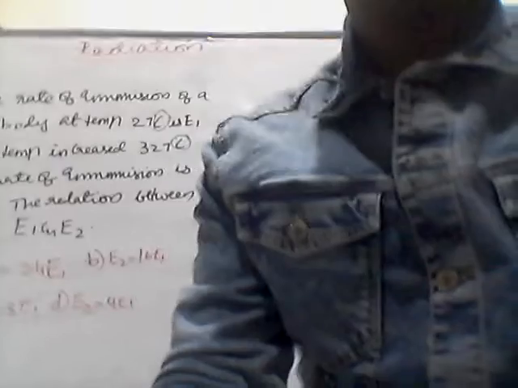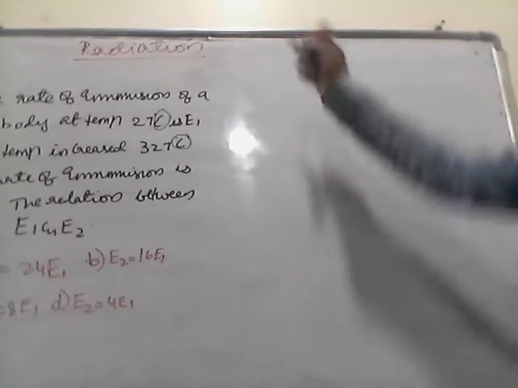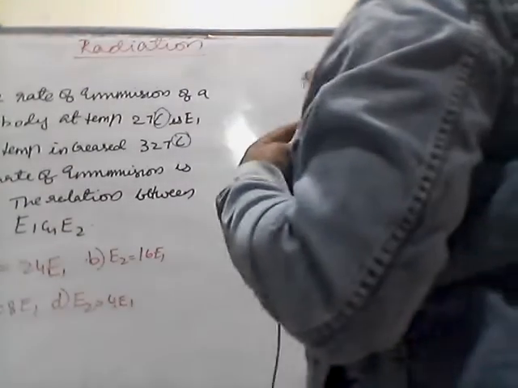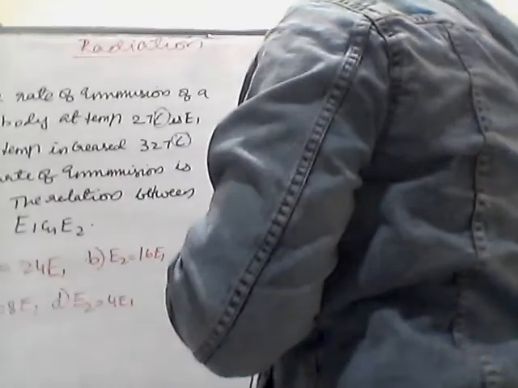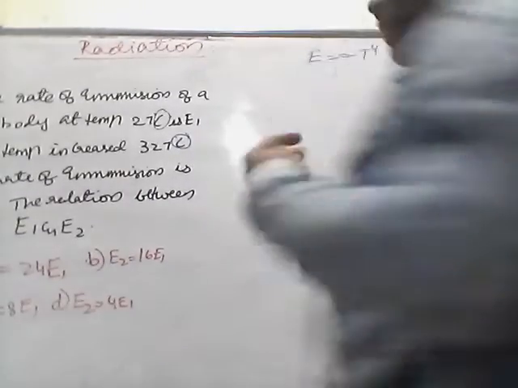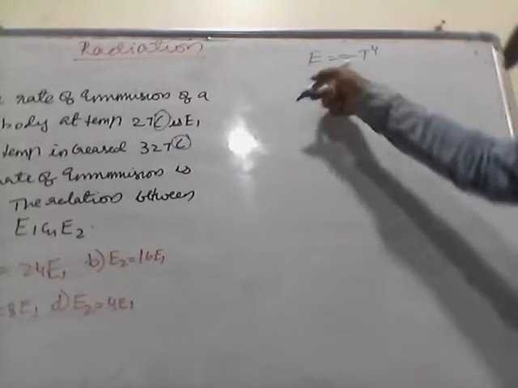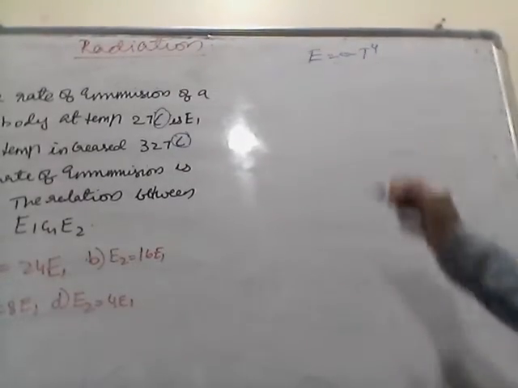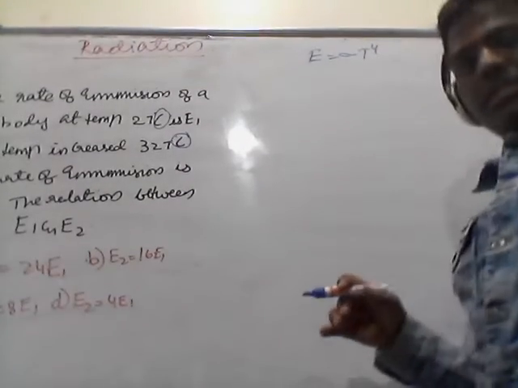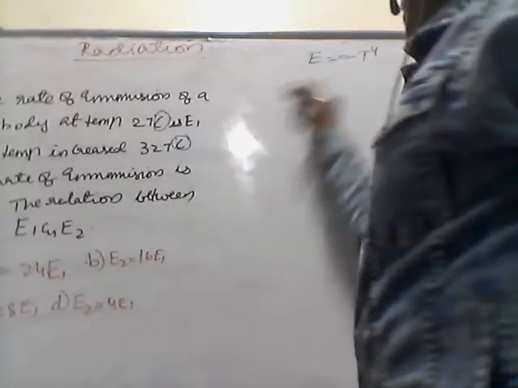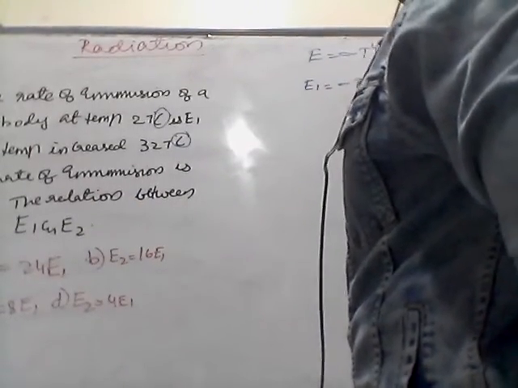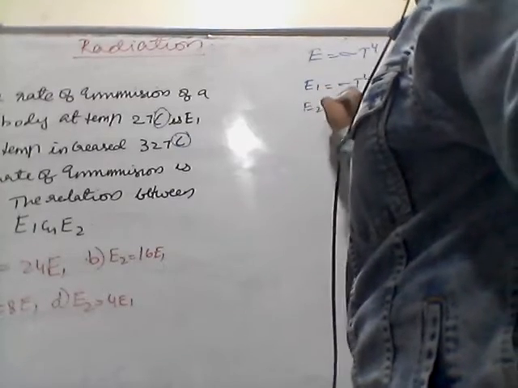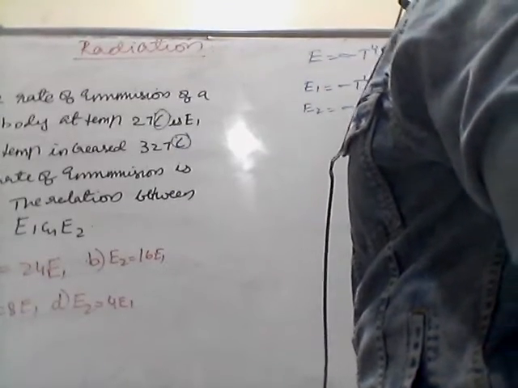Now see here, the basic formula is the same again. E is equal to sigma T power 4. We know this, right? E is equal to sigma T power 4. You can solve it. They are asking E1 to E2. So can I say E1 is sigma T1 power 4, E2 is sigma T2 power 4?